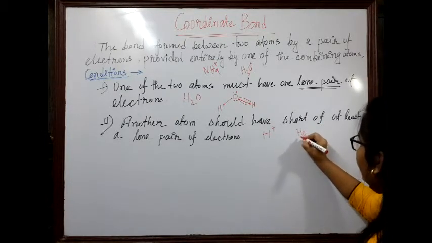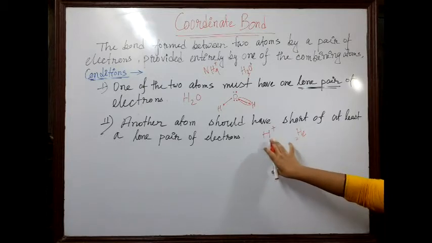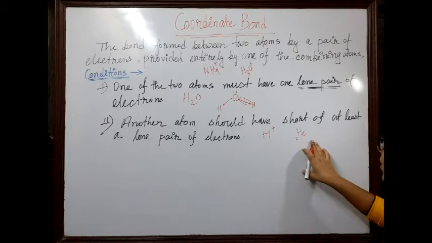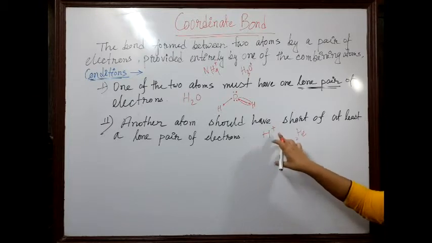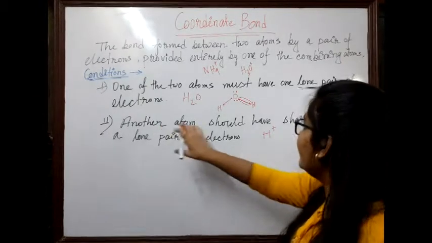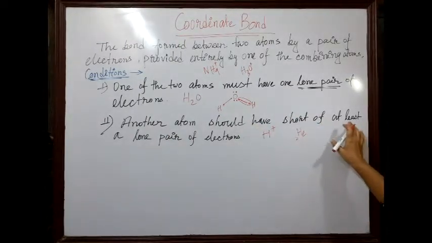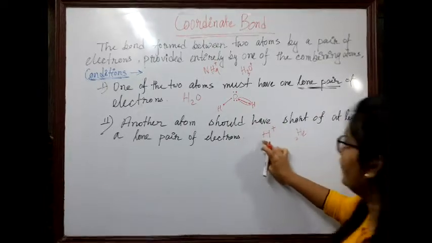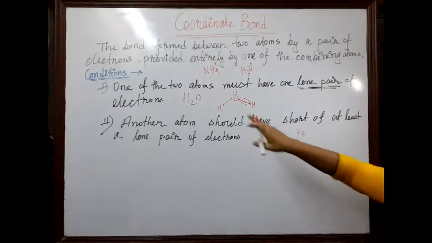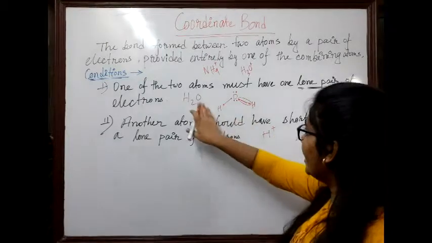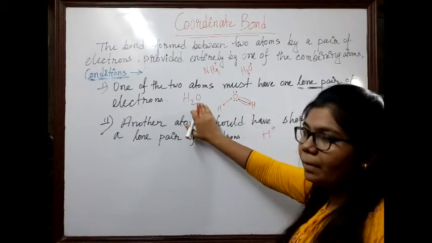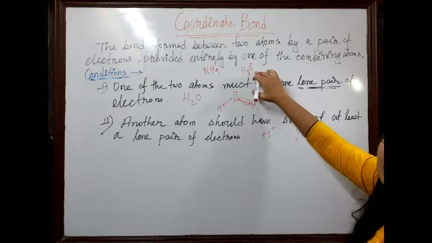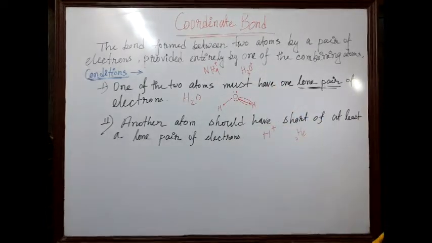So the H plus ion needs two electrons to attain stable configuration. So one lone pair of electrons is needed. So another atom should be short of at least one lone pair of electrons. So the H plus ion is fulfilling this criterion. So the H plus ion combines with an H2O molecule and forms the H3O plus ion.